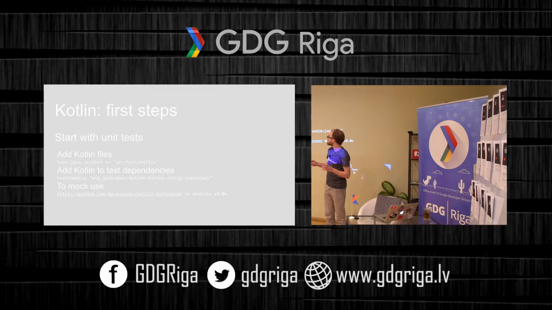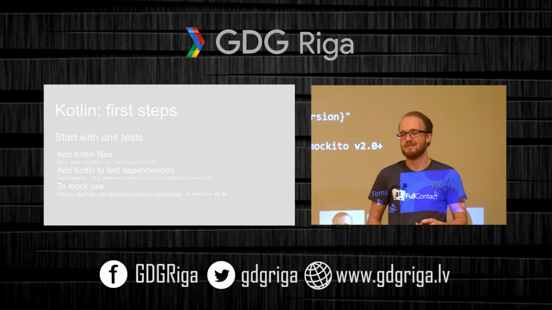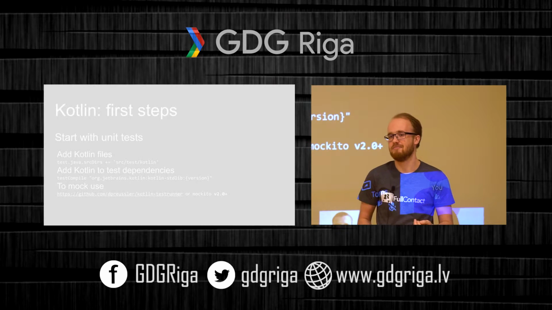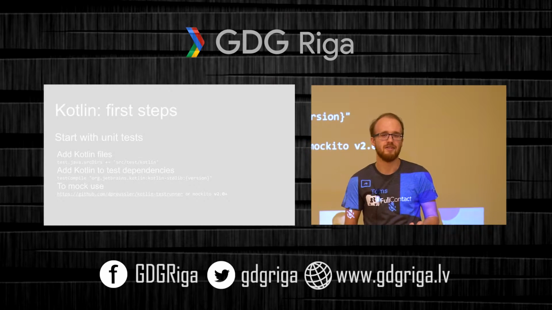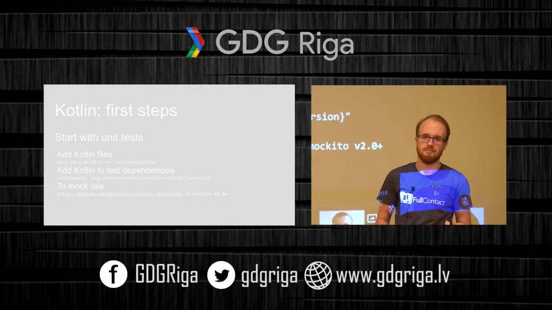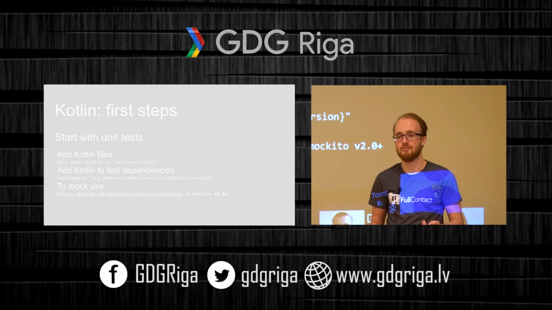Oops, there's some delay. We started with unit tests. And if you ever want to introduce Kotlin to your code base, I also suggest you start with something simple like unit tests. Because even if you do something stupid, those are just tests, right? Worst case scenario, they don't destroy your production app or don't even impact your beta testers.